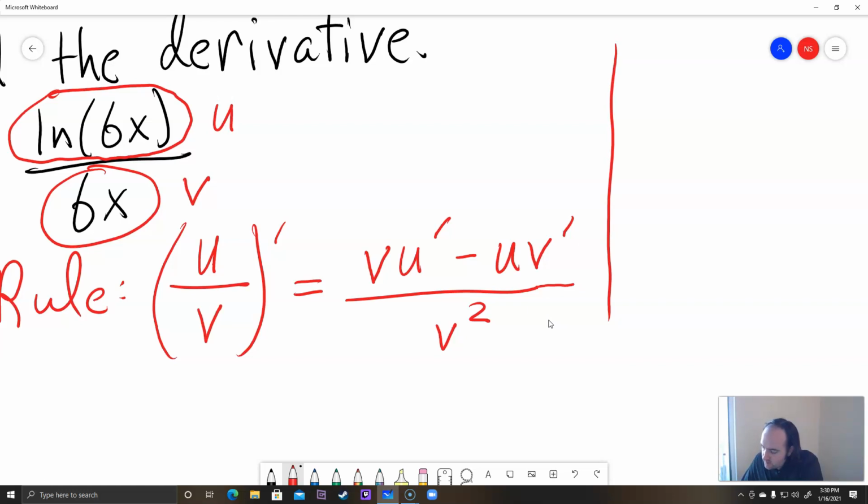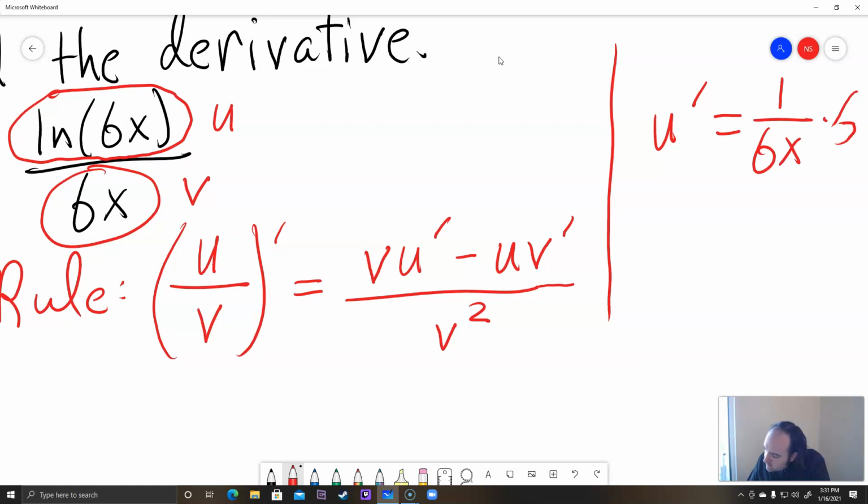Okay, so let's start with u prime. u prime is going to be the derivative of ln of 6x. So that's a composite function. We take the derivative of the outer function, inner left alone, and multiply it times the derivative of the inner function. So it's going to be 1 over 6x times the derivative of 6x, which is just 6.